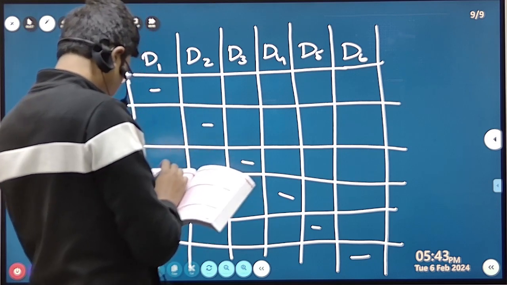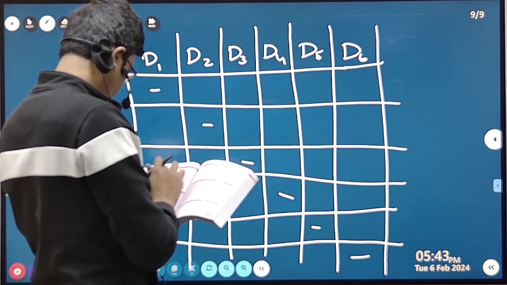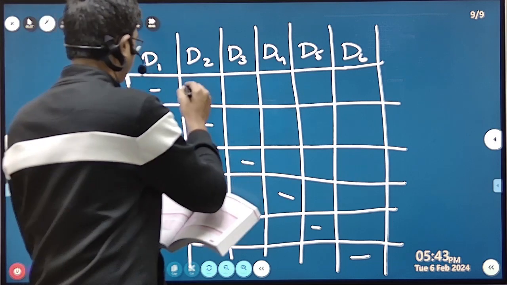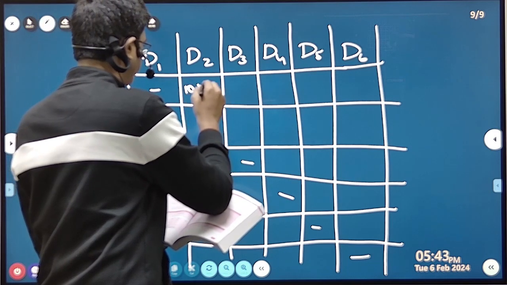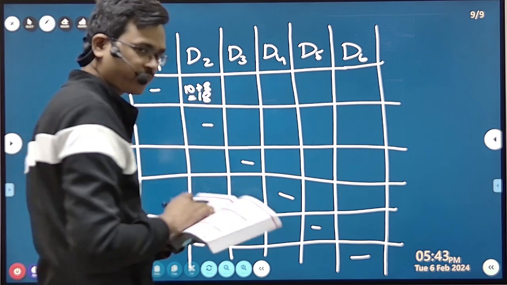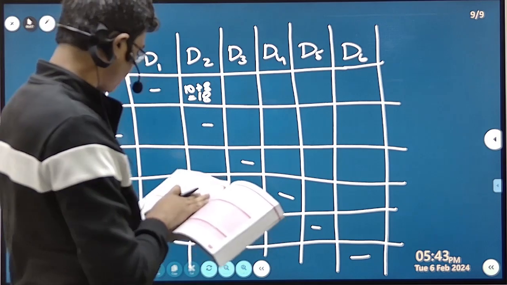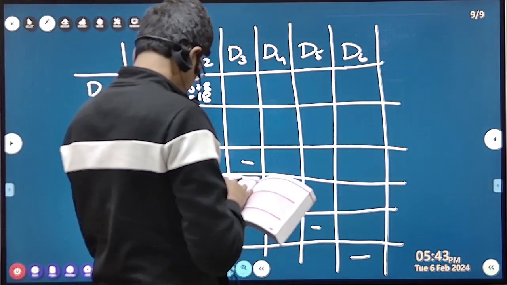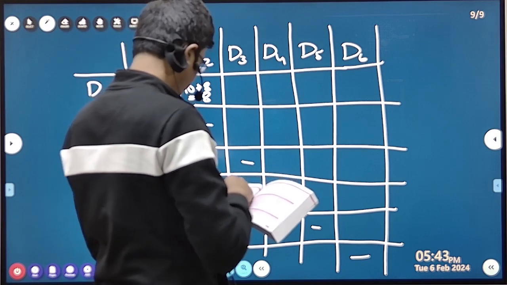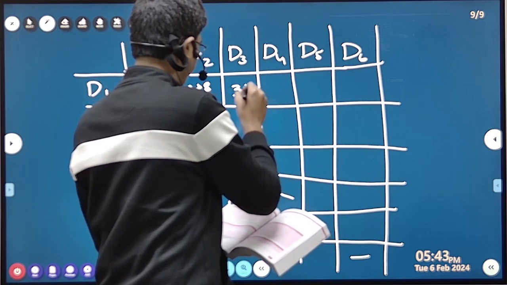So as per the table, D1 to D2 is 10 and D2 to D1 is 8, right? So the total number of transport between these two, the frequency will be 18. Similarly, D1 D3 and D3 D1, 20 plus 10, that will be 30.